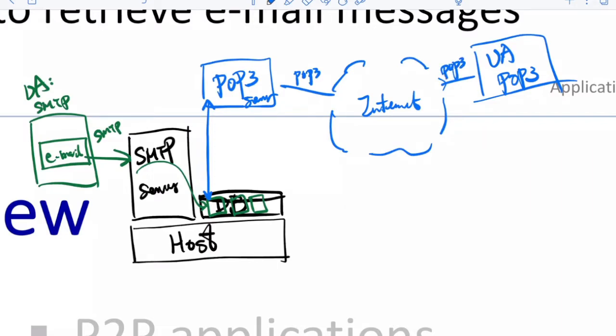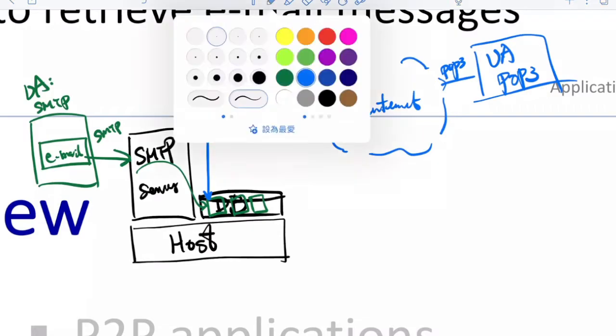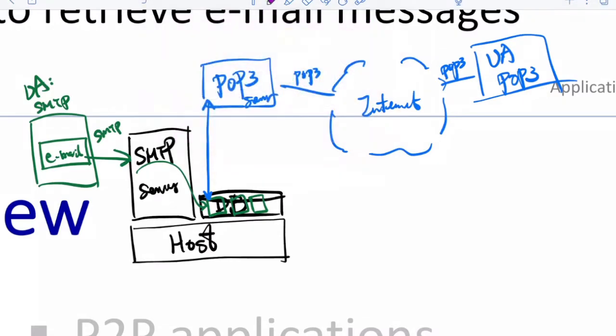So this POP3 user agent can use the POP3 protocol to communicate with the POP3 server, and the POP3 server can retrieve the mailbox from the database. Those emails are obtained from the SMTP server, and again from the SMTP user agent. So the mail goes from the right hand side to the left hand side and to the right hand side.